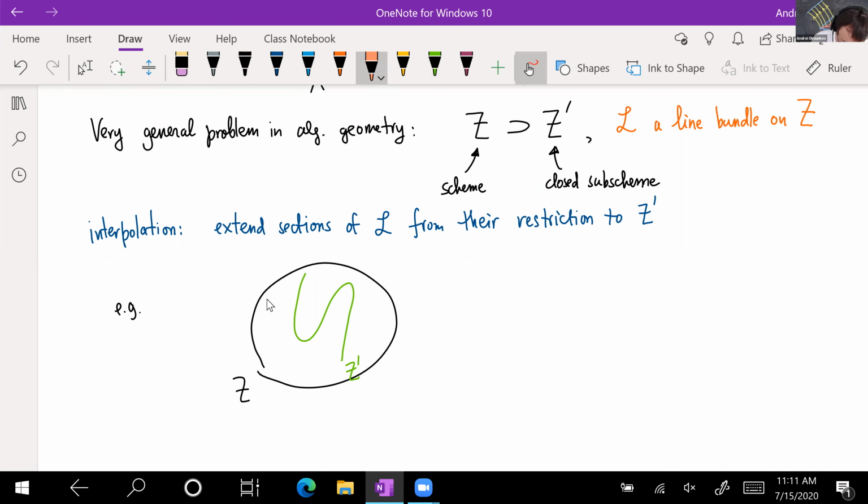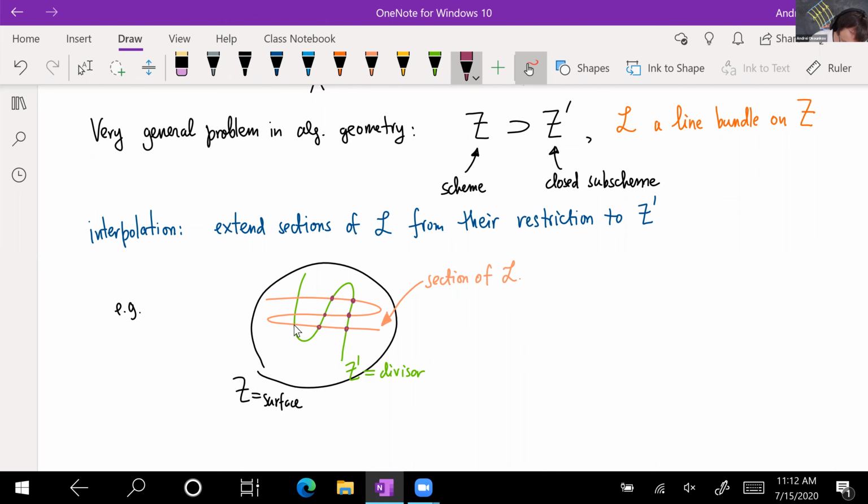So this is a section of L, Z is a surface, and this could be the divisor. The question is whether a curve is determined by its intersection with some other fixed curve.